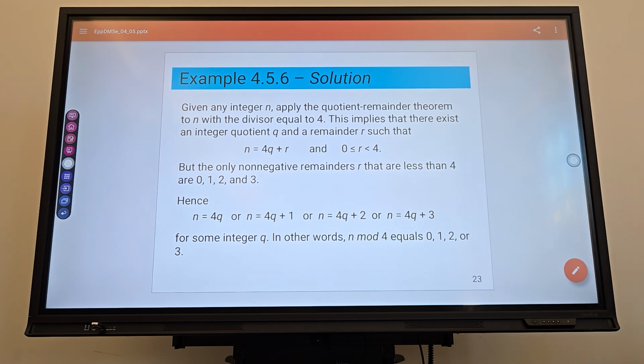The only numbers that satisfy that are 0, 1, 2, and 3. Hence, n is equal to 4q plus 0, or plus 1, or plus 2, or plus 3. In other words, n mod 4 equals 0, 1, 2, or 3.